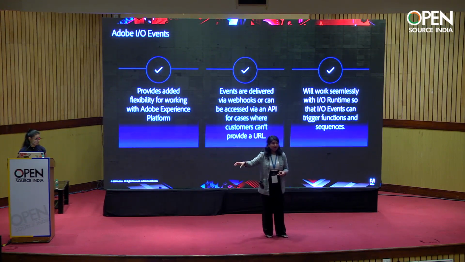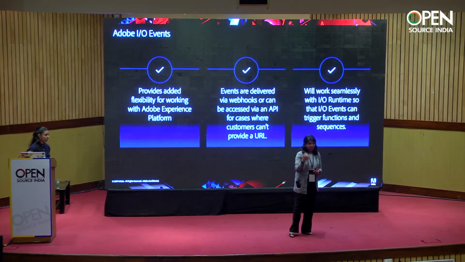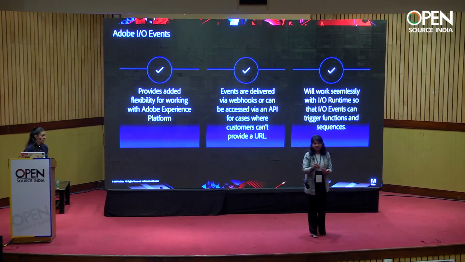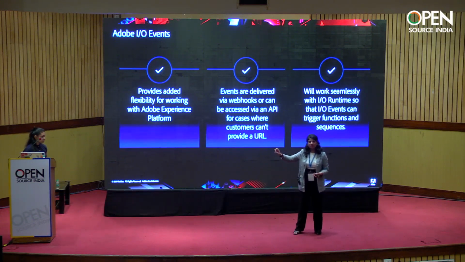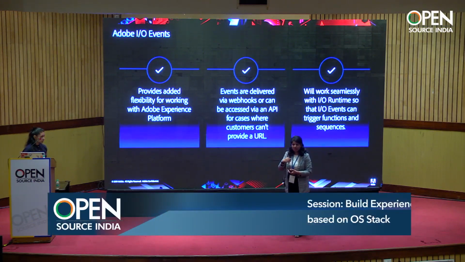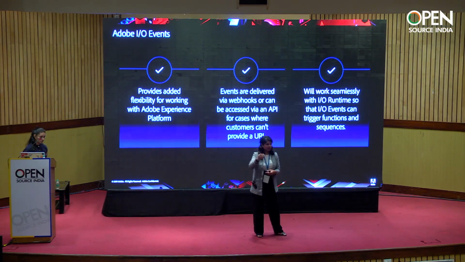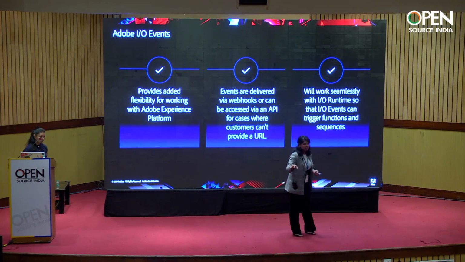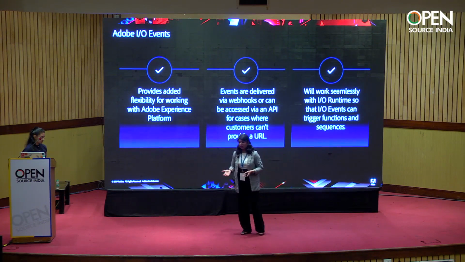For example, there's an app that was created for this conference. If there are events they want to send into IO Events, they would have done that, and then we would have managed all the server deployments in the cloud for that. And in case there's a change in a session, or a change in a particular function that they deploy, such as a change in a particular title, they can just send out a notification to all the members subscribed or attending. So that's just one use case, but you can think of many use cases in any industry you come from.